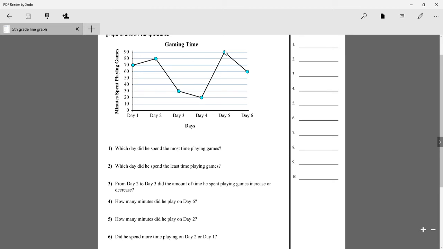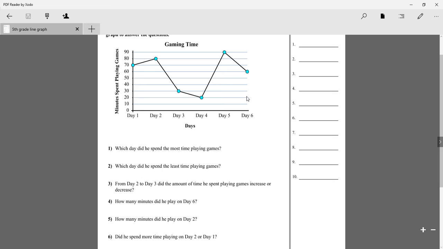Now from day 4 to day 5, he would increase, right? Because the line goes up. Or from day 1 to day 2, right? So if the line moves up between days, that means he increased. If the line moves down, that means he decreased. So he decreased from day 2 to day 3.